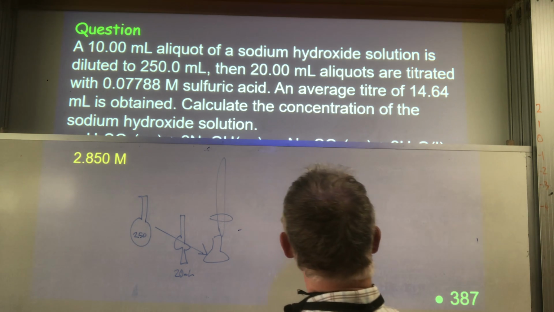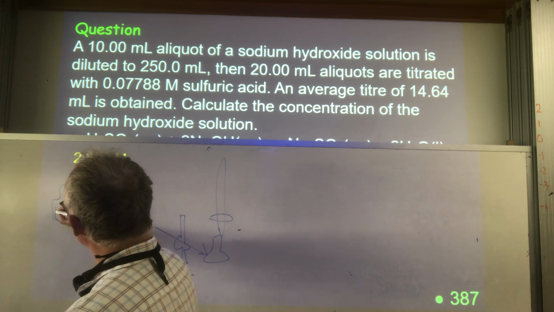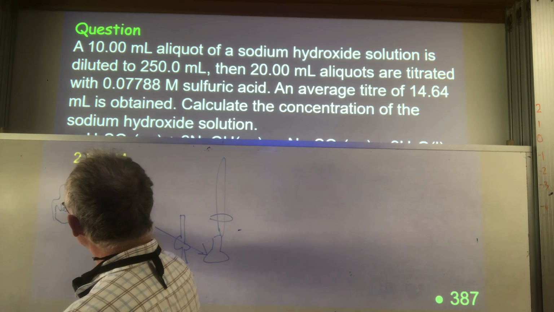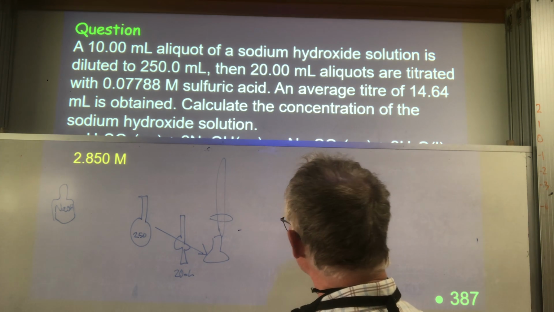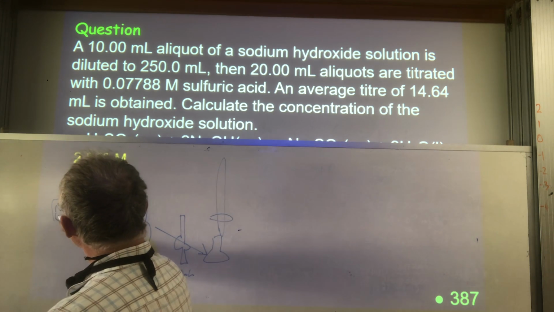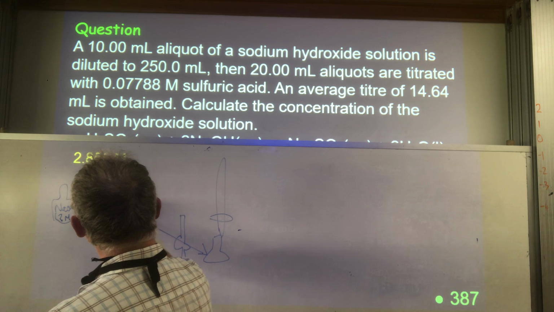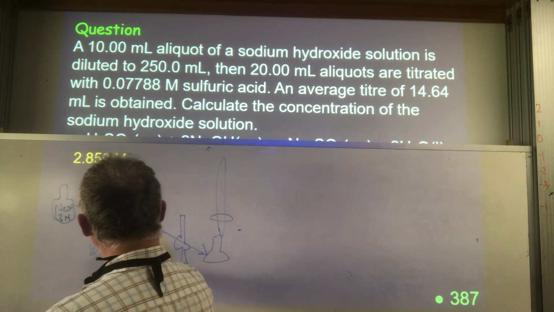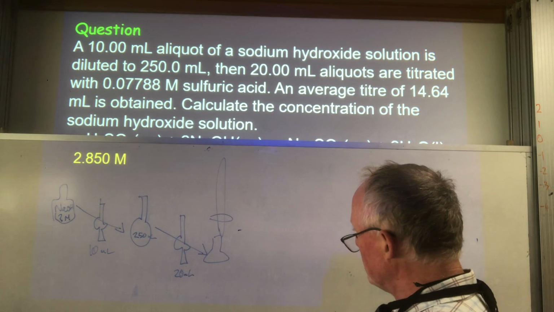We had an initial sodium hydroxide solution, and we don't know the concentration, question mark molar, and what did we do? We took 10 ml aliquots, diluted it to 250 mils.